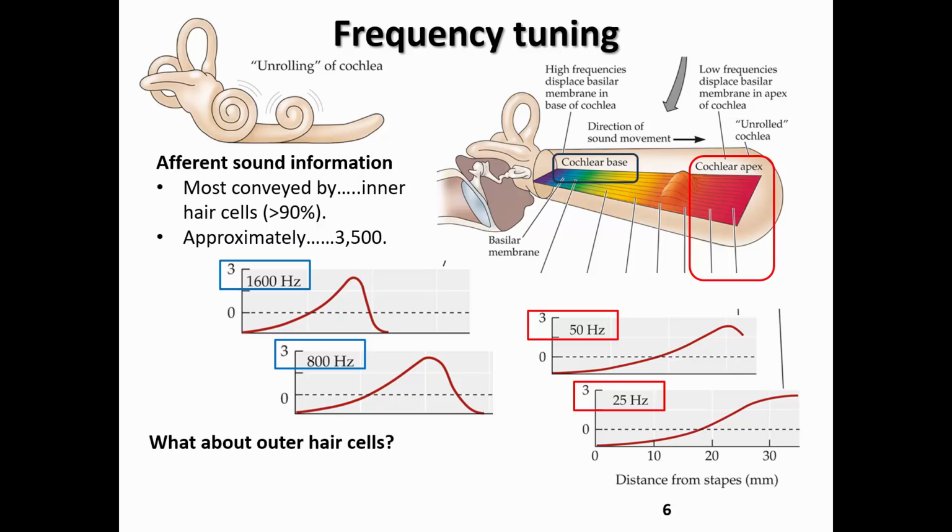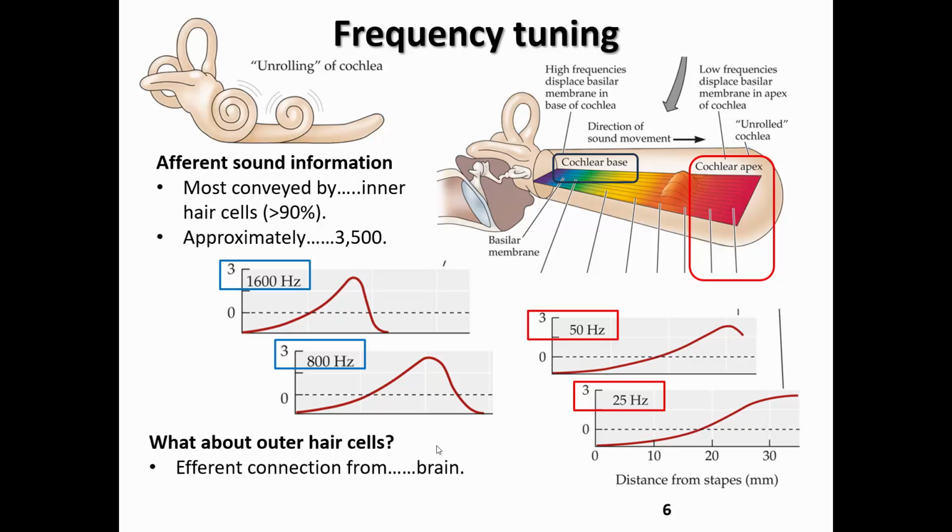Now the next question that comes up is, what about the outer hair cells? We know the outer hair cells are much larger in number than the inner hair cells, but they are quite interesting because they have what are called efferent connections from the brain. The afferent, which transduces sound pressure waves into bioelectrical signals, travels towards the brain.